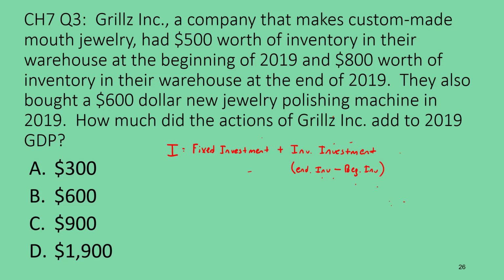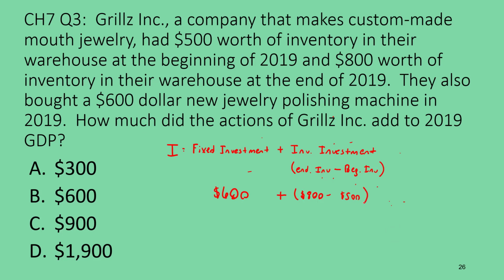If this company bought a $600 new jewelry polishing machine, we're going to add that to our fixed investment. And then we said that they had $800 worth of inventory at the end of 2019, and $500 worth at the beginning of 2019.